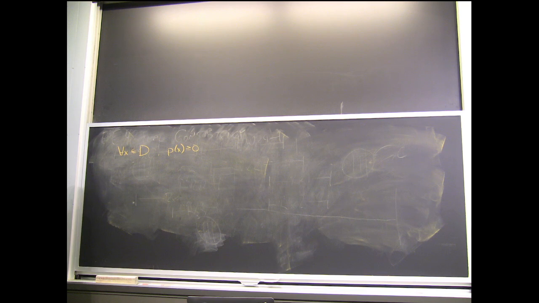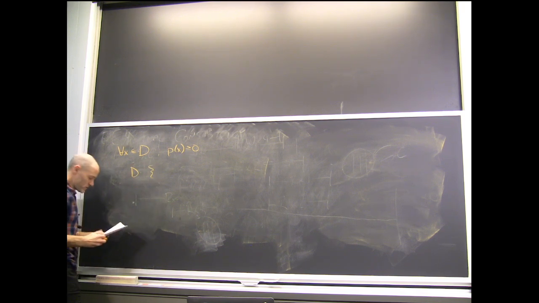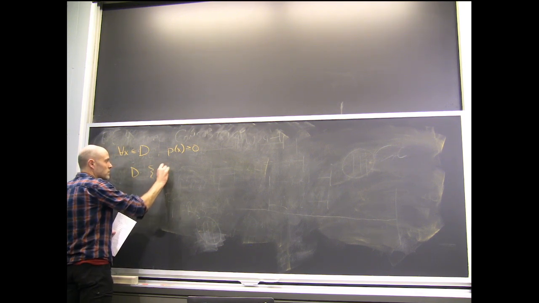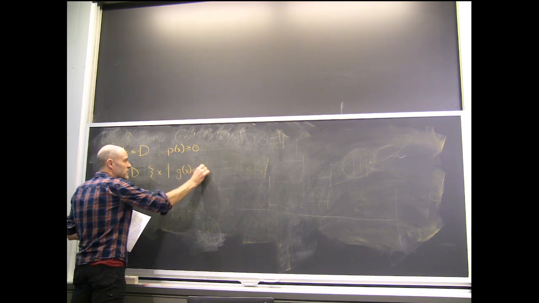And in particular, I want your friend to say true even if p of x outside this domain might be negative. I want your friend to still tell me I've satisfied this condition. So we're going to define D again with polynomials. Let's say the region of interest is also described by some polynomial.